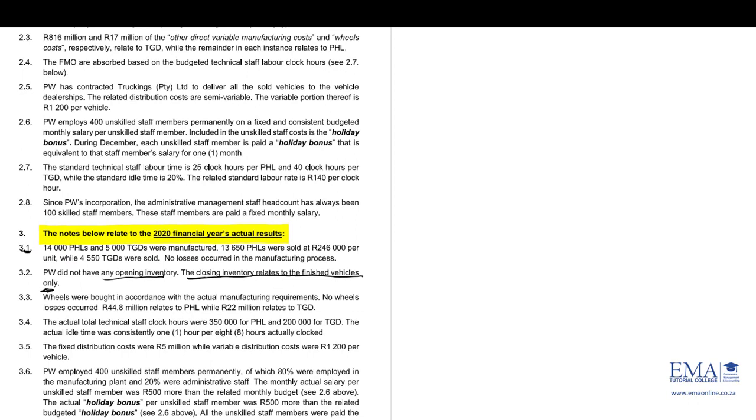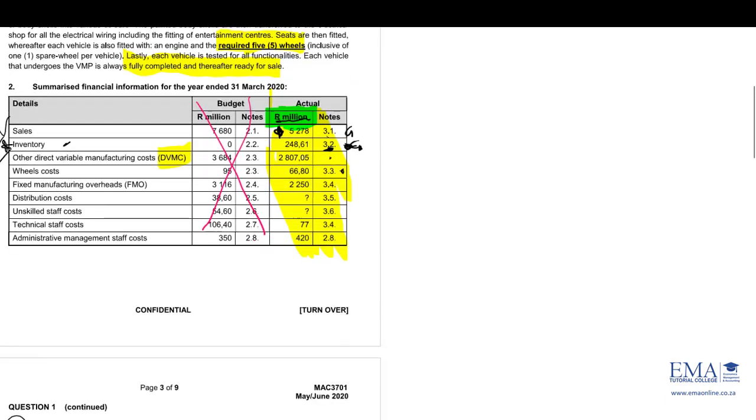Wheels were bought in accordance with the actual manufacturing requirements. No wheels losses occurred. Then they say 44 million relates to PHL and 22 million relates to TGD, but we're not worried about that because we're doing it as a total, and the total was given, right? If you add 22 and 44, it's going to give you the total that is given here, which is 66.8.